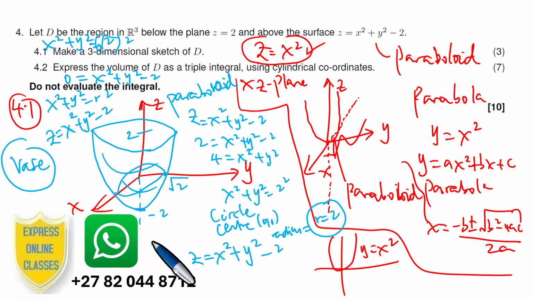And then we proceed to the next question. In the next question, we can express the volume of D in the triple integral using cylindrical coordinates. Let's look at that one.